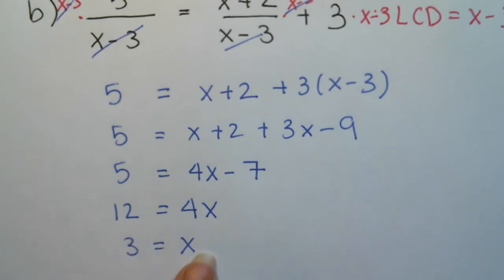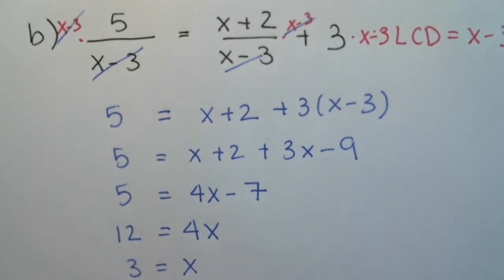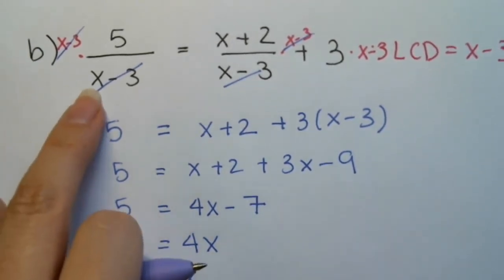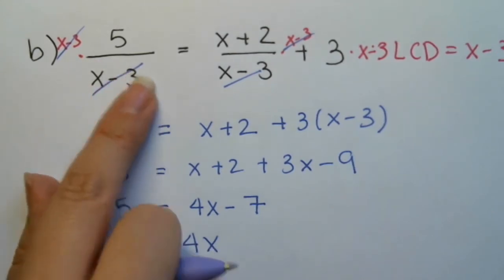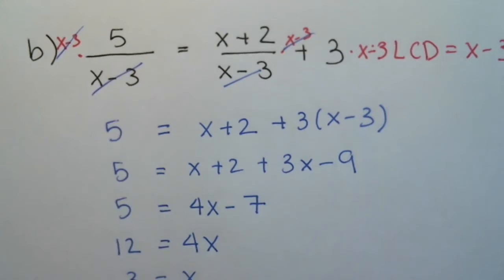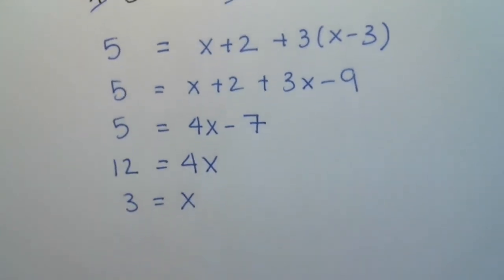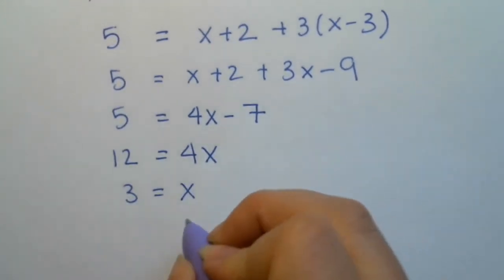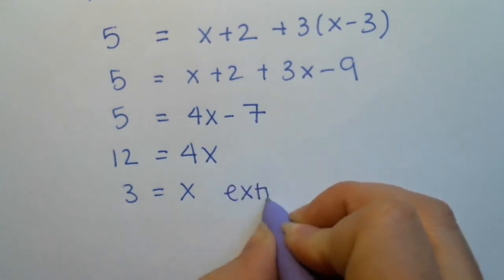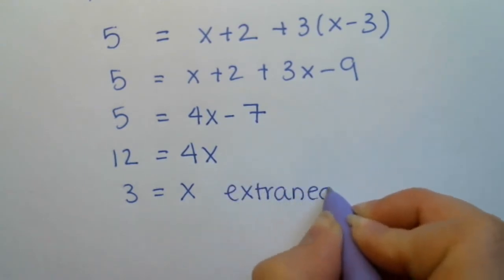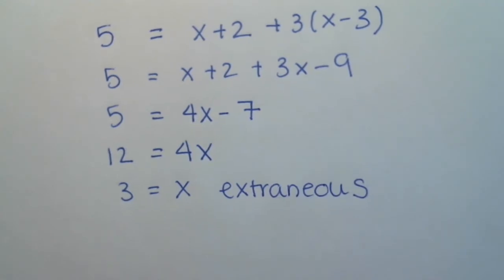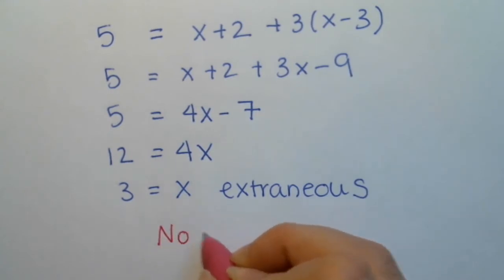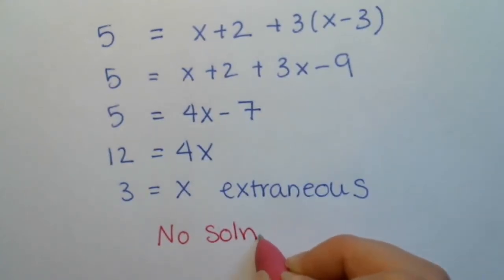So when I'm plugging in x equals 3, I can see that I would get 3 minus 3, or 0 in the denominator. We know that having 0 in the denominator makes the solution undefined. So this is an extraneous solution. And because our only candidate solution was extraneous, that means there are actually no solutions to this equation.